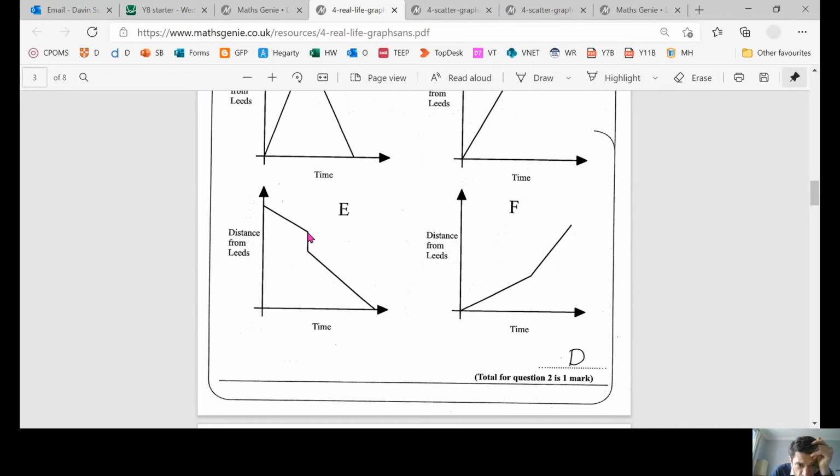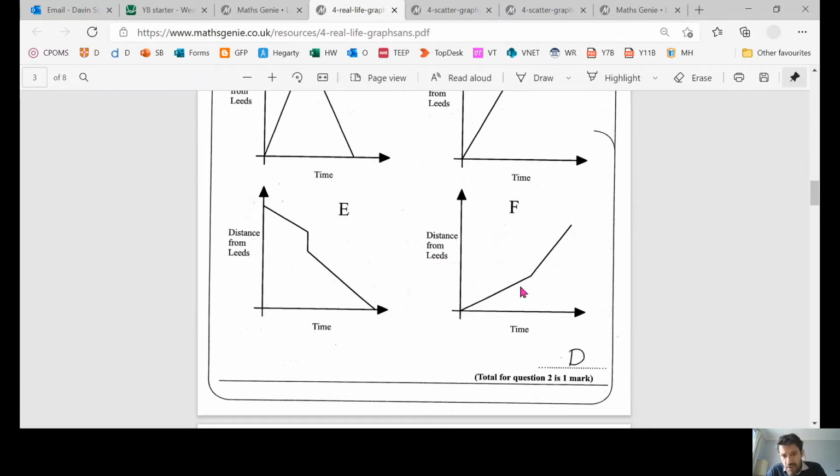Say her distance here from Leeds is 80 kilometers, and then her distance here is 60 kilometers. She's done those 20 kilometers in almost no time. I'm baffled by that, but that's not what it's testing. It's not saying these graphs are all correct. It's asking you which one is the graph correct for her journey. So even if it is vertical, they're not suggesting that that graph is correct.